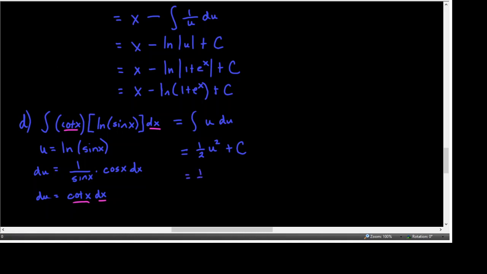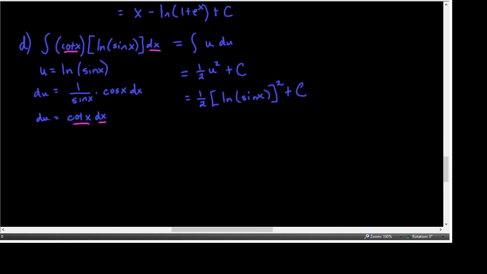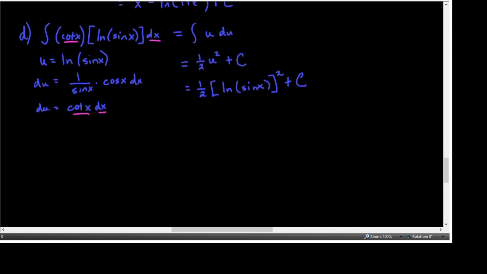Then going back to the original variable, this will be 1/2 times the natural log of the sine of x squared plus c. All right. So let's look at E.